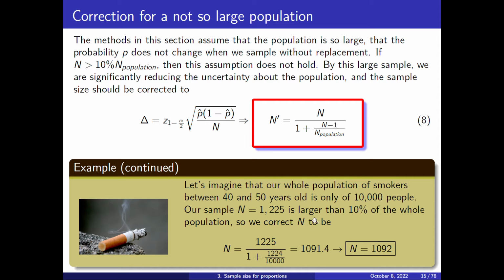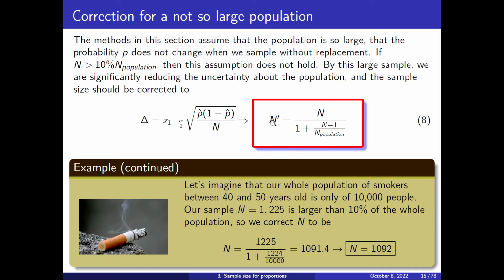So we don't have such uncertainty around the proportion. The larger the proportion of the population that you measure, the less uncertainty you will have on the true proportion. You can correct for that, and this is the correction.